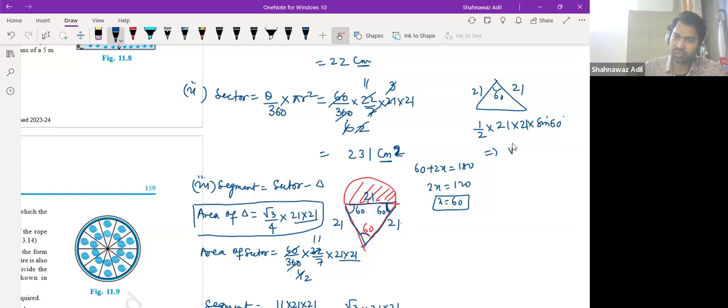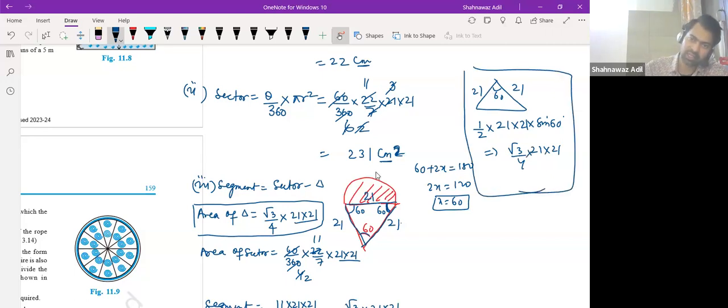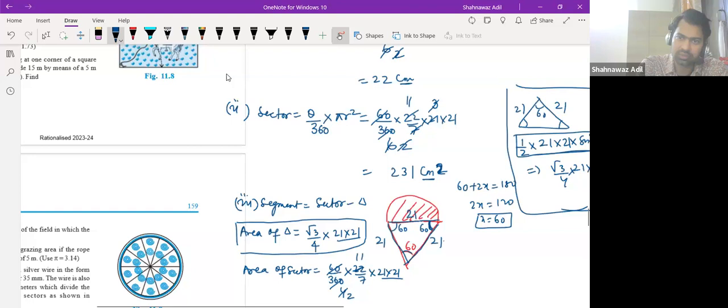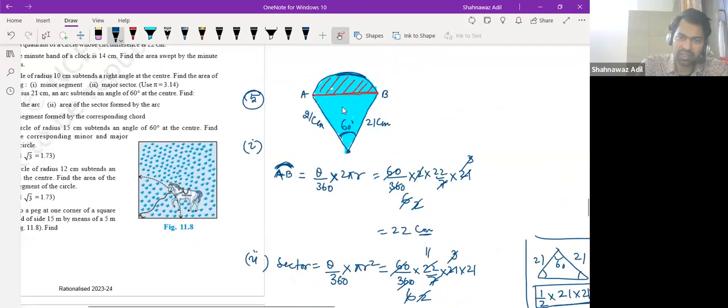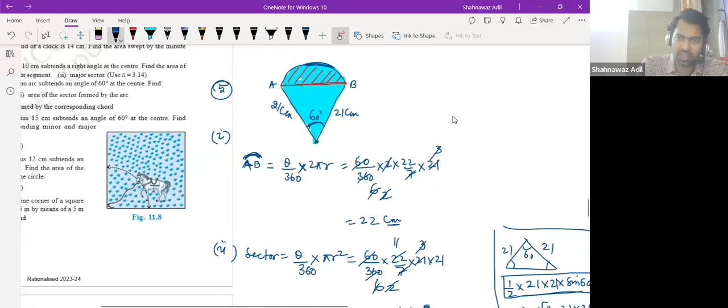Ultimately, you will get root 3 by 4, 21 into 21. So we can use this triangle formula also, if we don't know this angle. Okay, everyone? Clear? Please note it down, and if you have any question, please don't hesitate to ask me, okay?